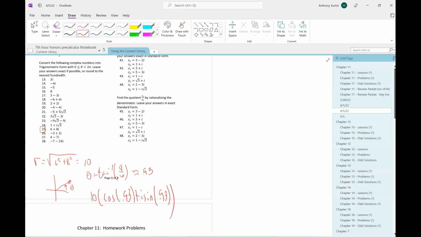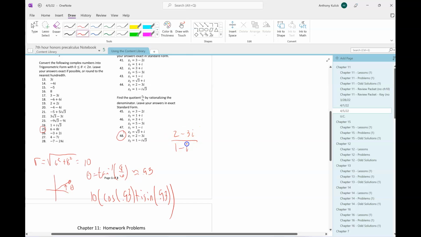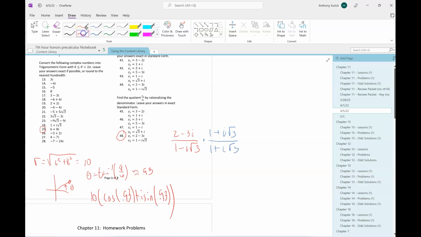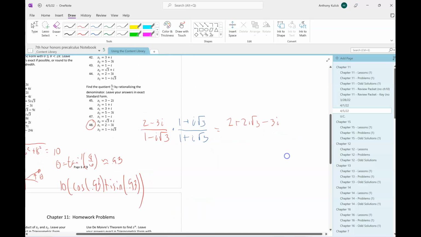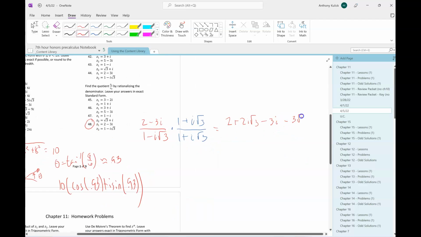Josie. 48. Yep. So it just is doing division. To divide two complex numbers in standard form, I'm going to multiply the top and bottom by the conjugate. When I FOIL the top out, I get 2 plus 2i root 3 minus 3i minus 3 root 3 i squared, all over 1 plus 3.